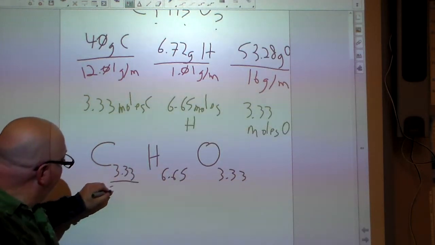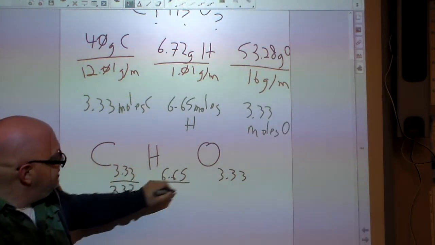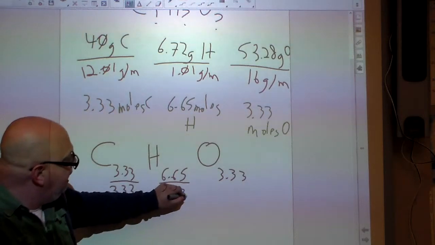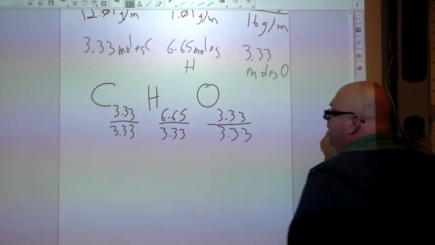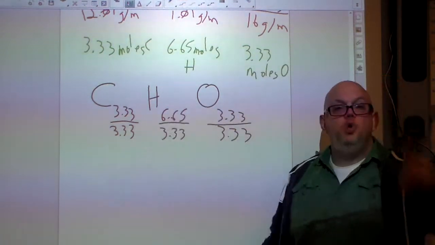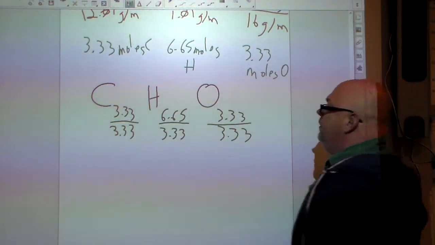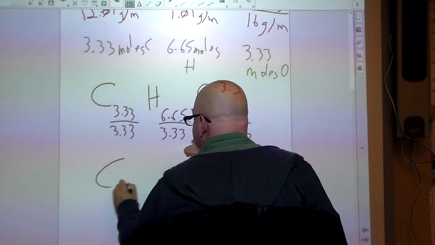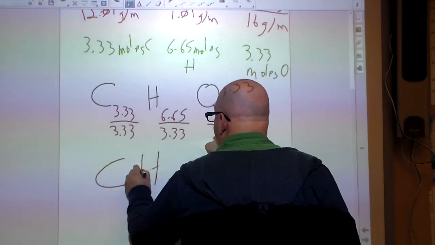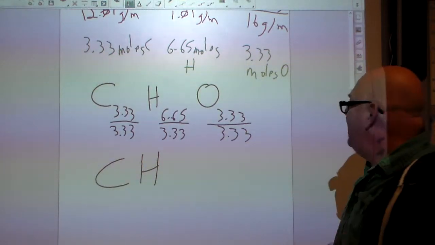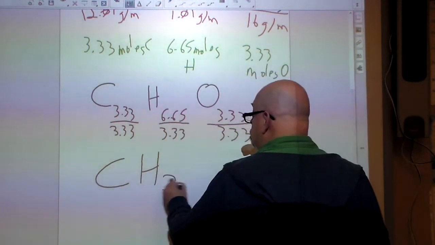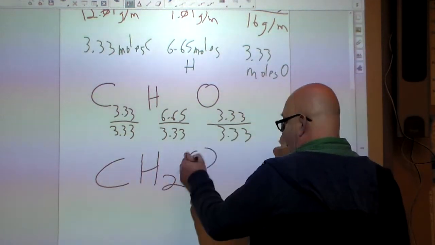So we divide all of these by 3.33, because we want to reduce these down to 1. That's the important thing. So it's going to give us C1, H1.99, that's so close, it's going to be a 2, and then here it's going to be an O.